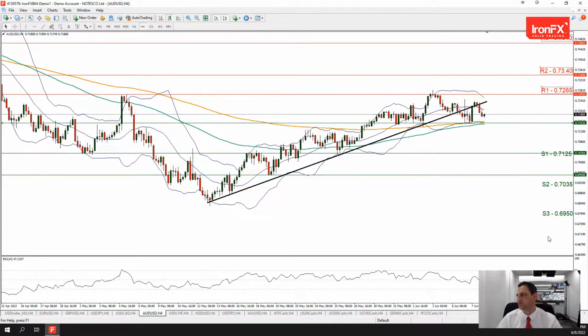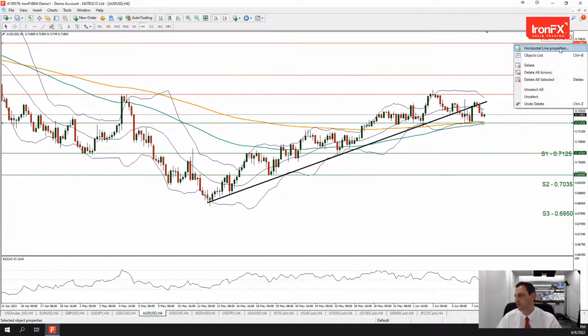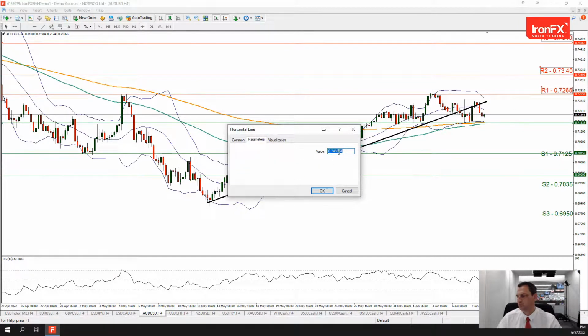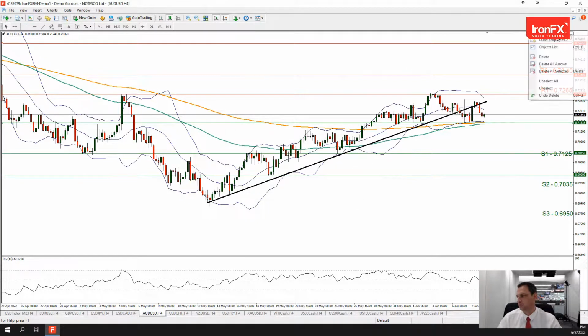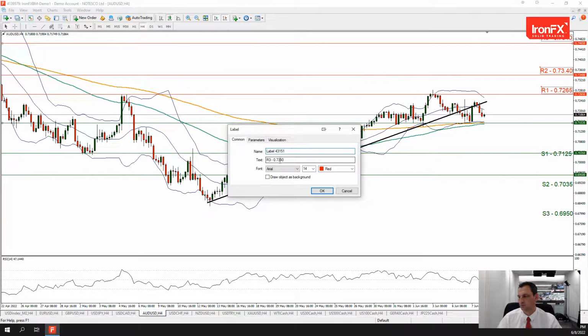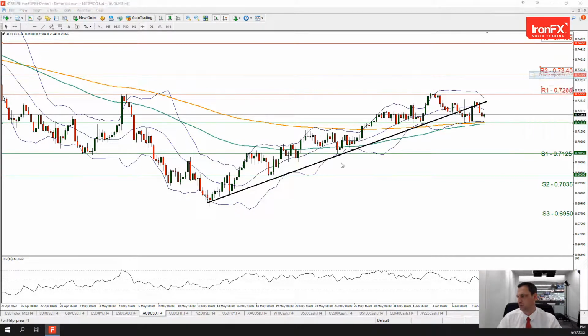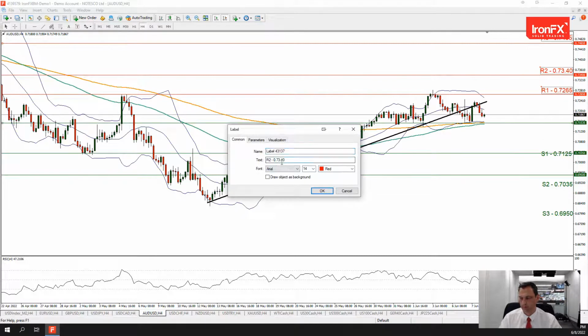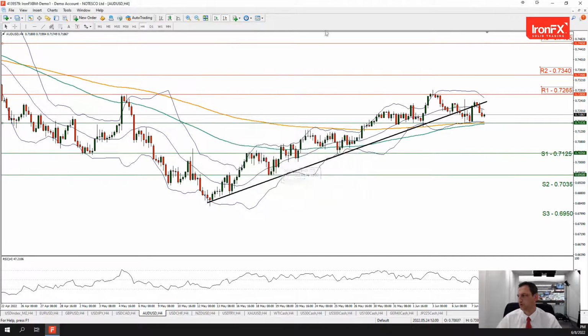And the new resistance line is going to be placed at 0.7465. Up here.